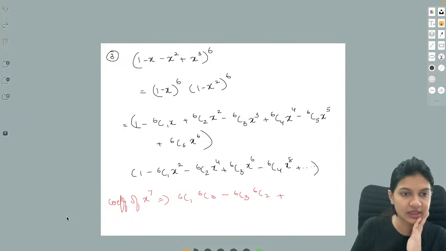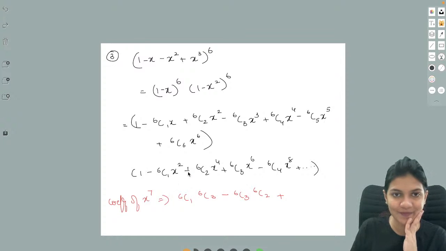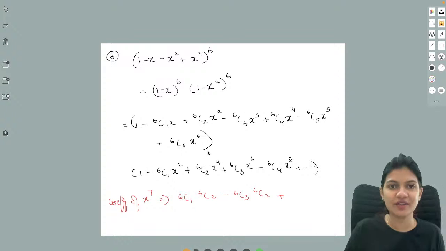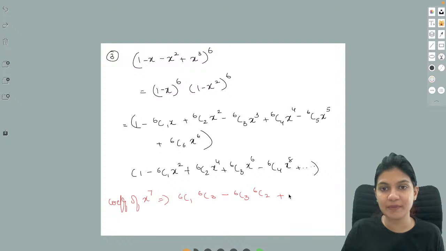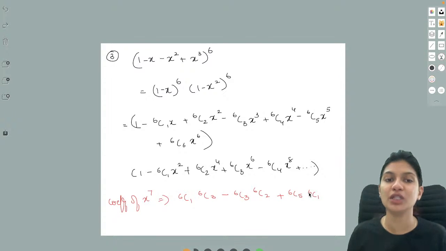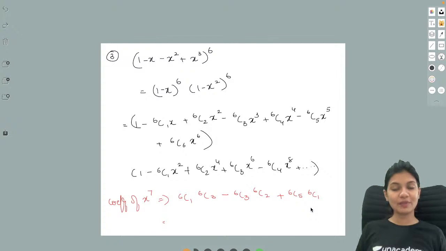Wait, this is plus, that's what even I was thinking. Now it's correct. So then we have plus 6c5 into 6c1. None others give you x to the power 7. So solve this, you will get the answer.